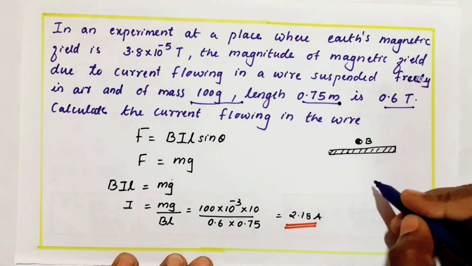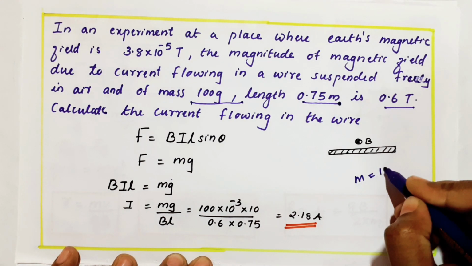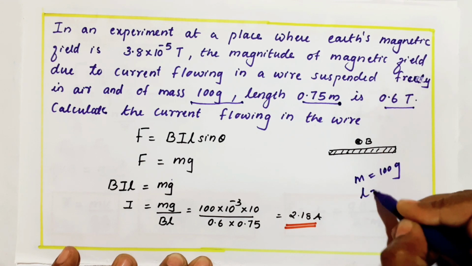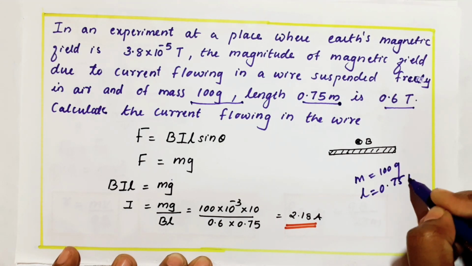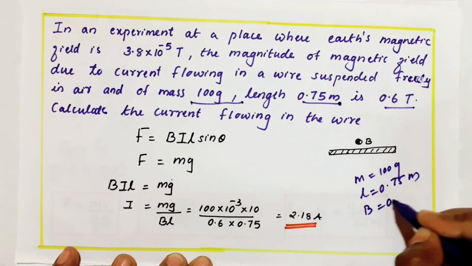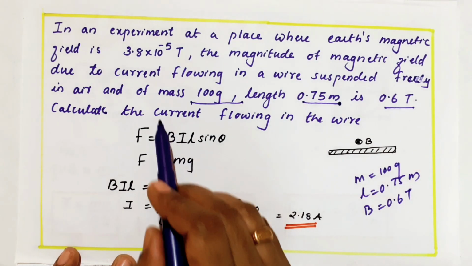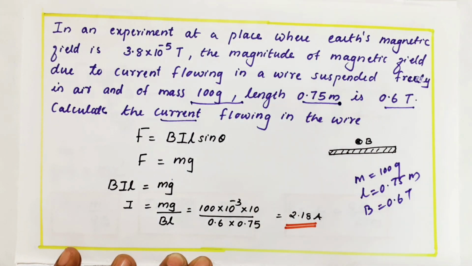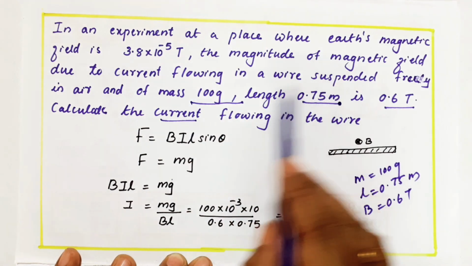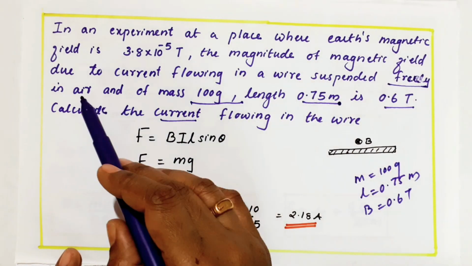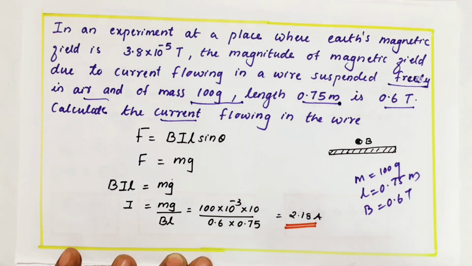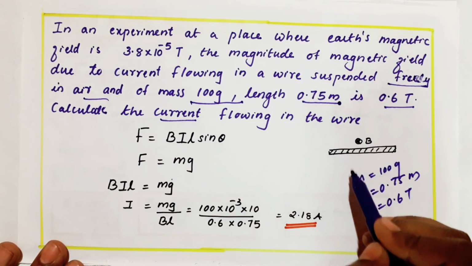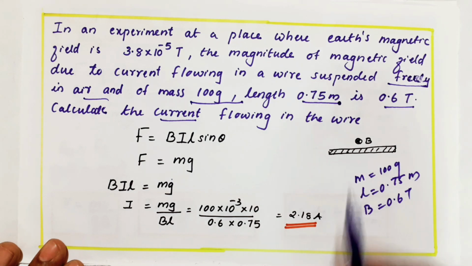So they gave mass as 100 gram, length as 0.75 meter, magnetic field as 0.6 Tesla. They are asking what is the current. And what they are telling is, this wire is suspended freely in air. If it is suspended freely in air, it means the weight of the wire is balanced with the force experienced by the wire in a magnetic field.